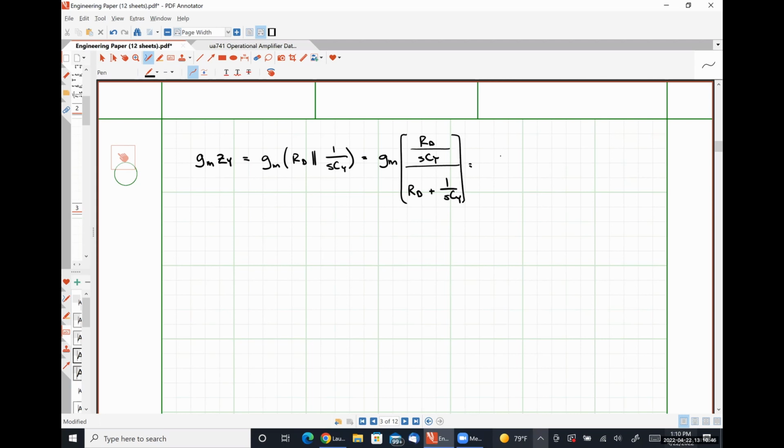And that's going to look like GMRD divided by 1 plus S RD (CGD plus CDB), where CGD plus CDB is just CY, the capacitance associated at node Y.